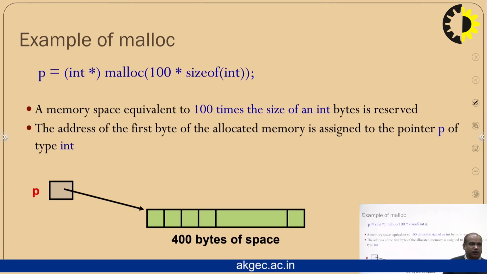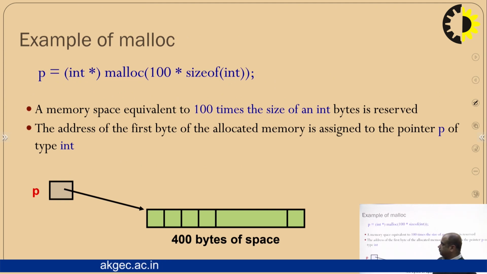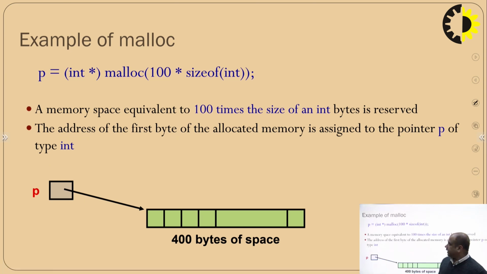Next, in this example, as we see in the syntax, the pointer p is of integer type, malloc of 100 elements of size integer, because each integer takes 4 bytes in a new compiler.